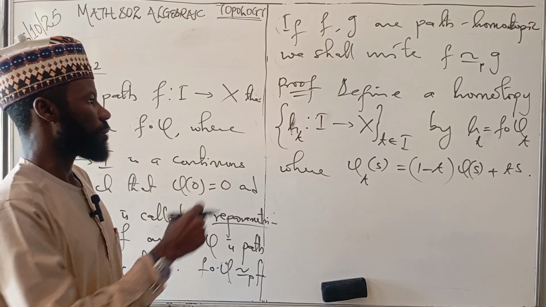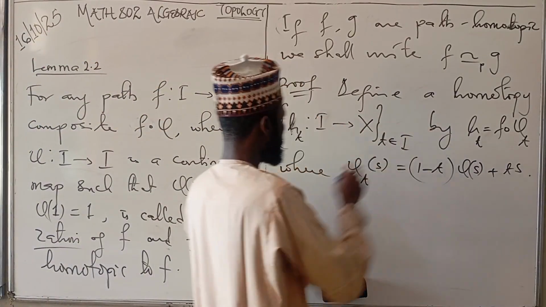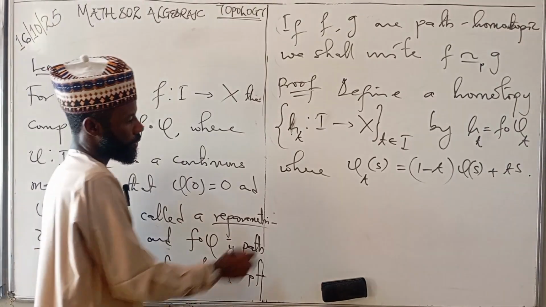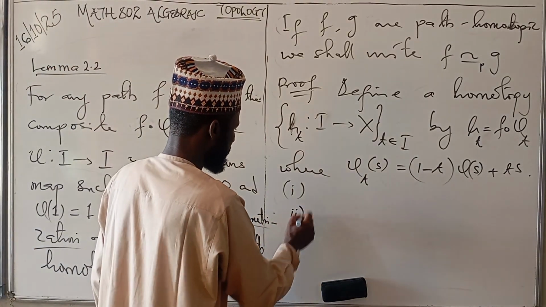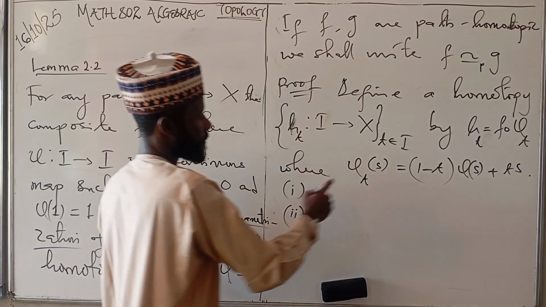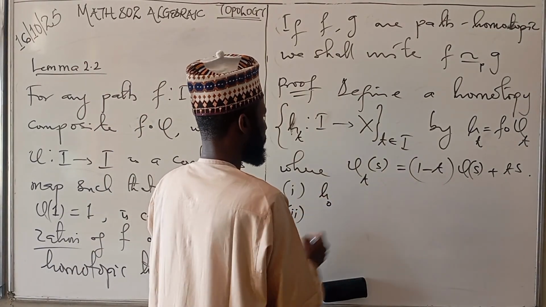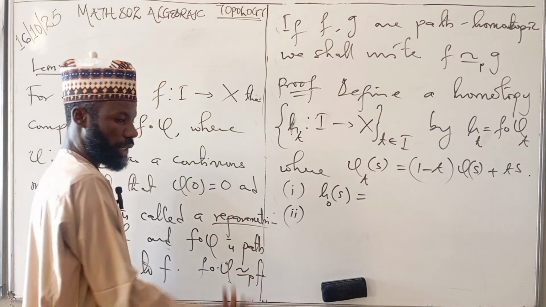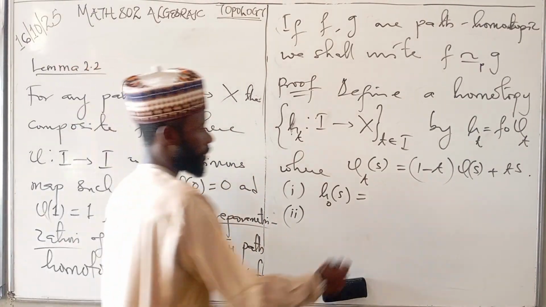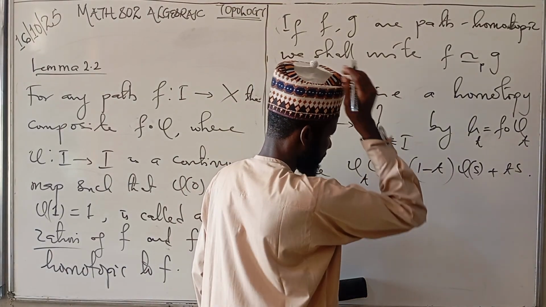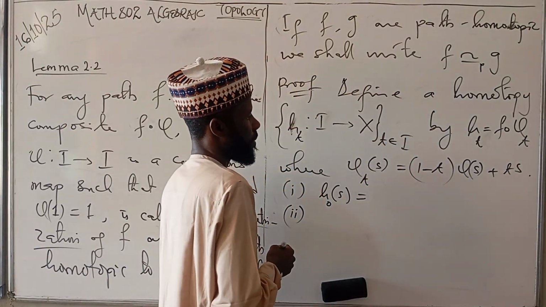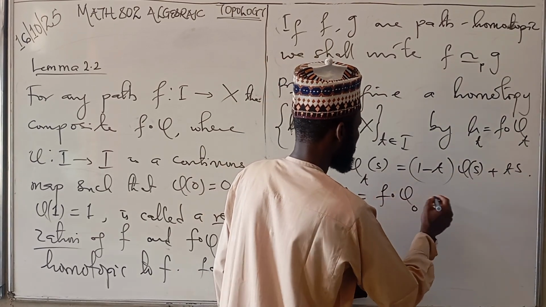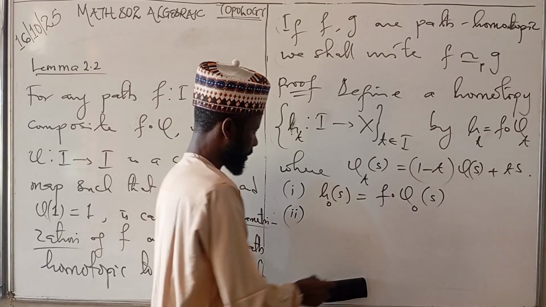And to see that it's a homotopy from F to where? To F composite phi. We check these two properties. First of all, H0 of S should be equal to F composite phi. Okay, and what will that be? It will be F of phi 0 of S, the composite.